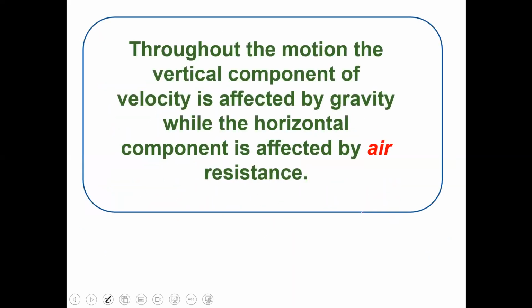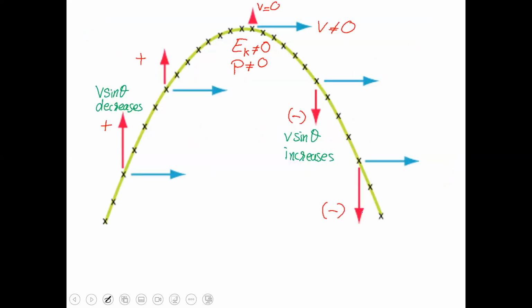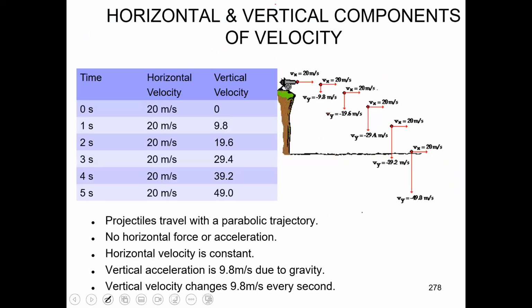Throughout the vertical motion, the gravitational constant is there. Air resistance normally opposes the horizontal component. Now we assume there is no air resistance. So the horizontal component of velocity will be constant, while the vertical component initially decreases and then it increases.